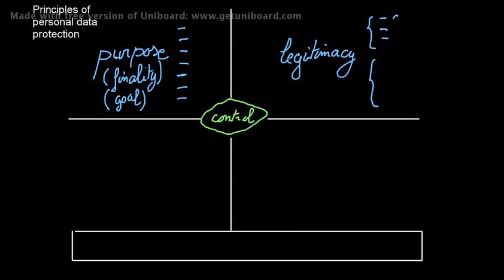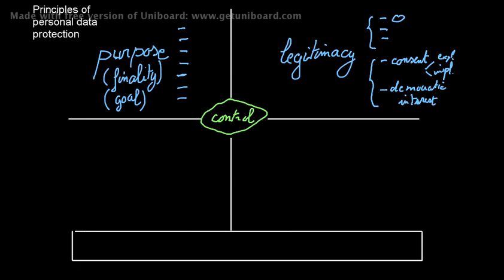Focusing on the general basis or grounds for legitimacy, you can say that the first one always comes to consent of the data subject, whether explicit or implied, and another one is a democratic interest, or a democratically valued interest, sorry.